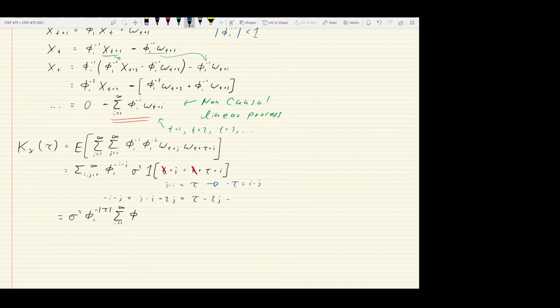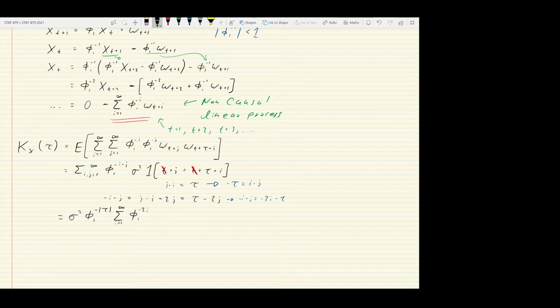And then I would need to redo this second line and write minus i minus j as minus 2i, I guess in this case minus tau, or something like that. Yeah. Minus 2i up in the exponent there.